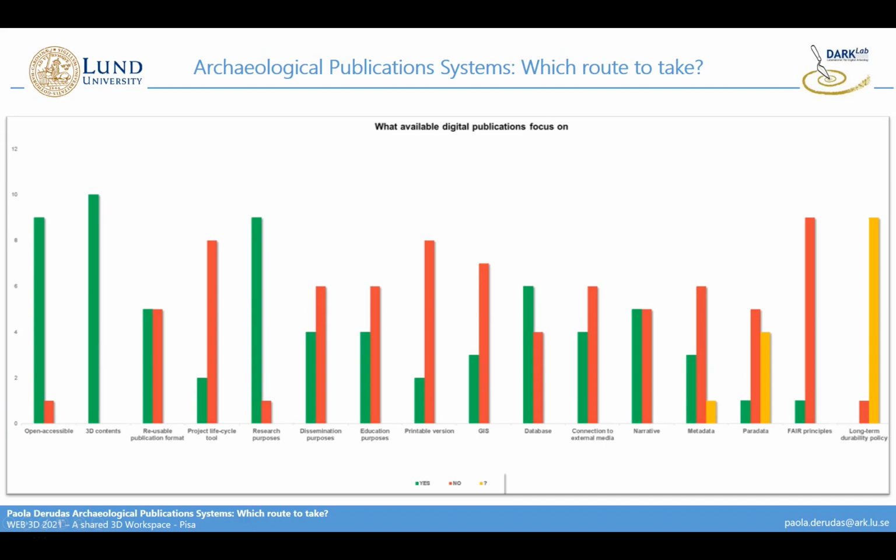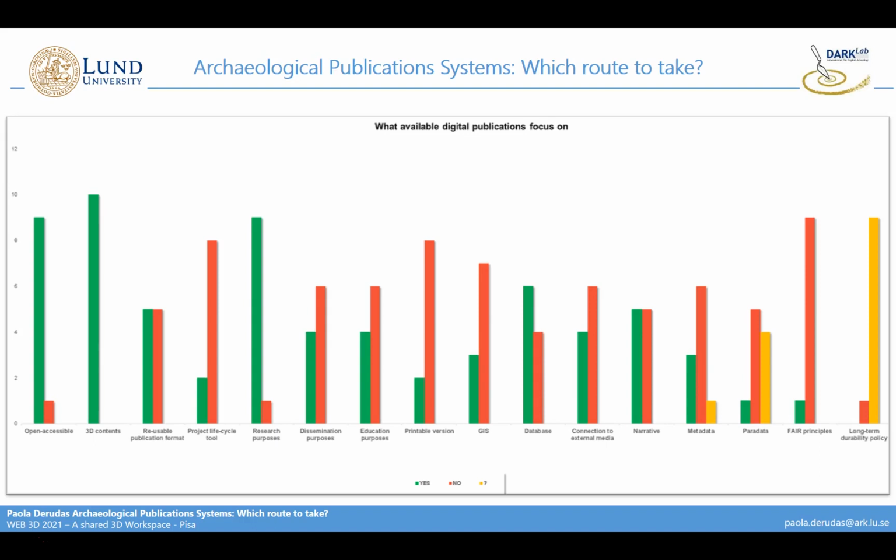Another important aspect is to find information about sustainability and policies about long-term maintenance of such systems. But it was not easy to find this kind of information because certain data are not accessible or cannot be found. So the only thing that was possible to see is that at least for one, the one that is not accessible anymore, there is no long-term maintenance policy in place.